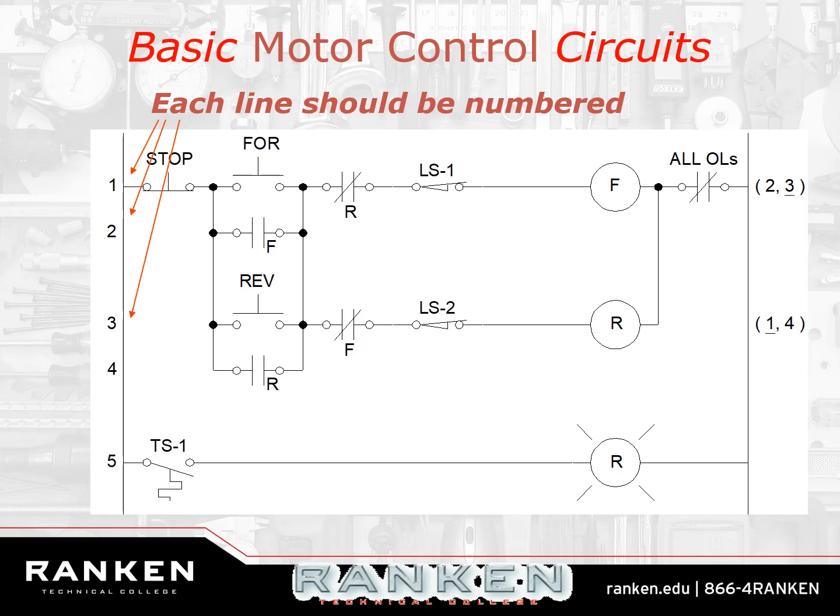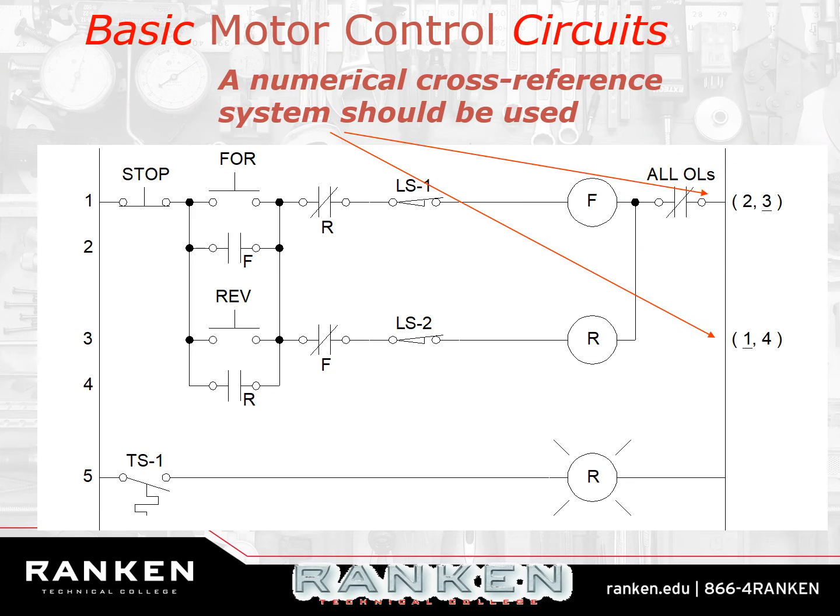Each line should be numbered, which I say each rung should be numbered, and numerical cross-reference. So this action is causing this decision, right? There's a series of actions on this rung, right? Signal, action, decision, but that decision is causing actions on something else.